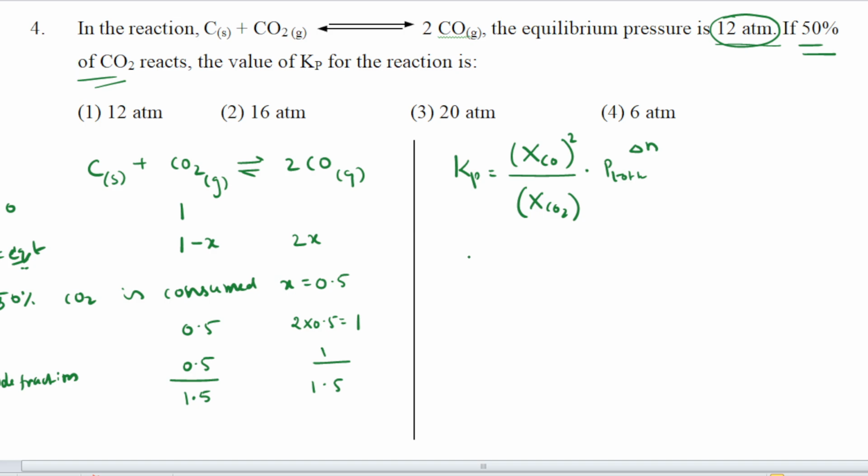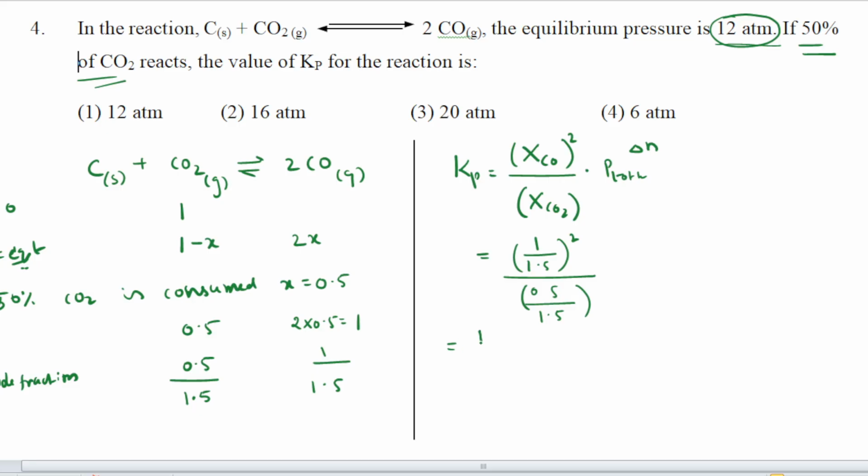So substitute those values in this. X CO, carbon monoxide, is 1 by 1.5 square divided by CO2, which is 0.5 by 1.5.